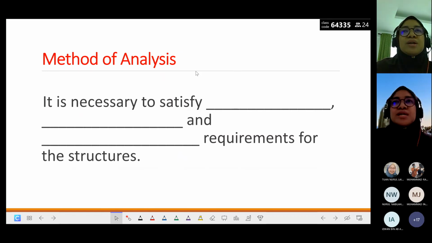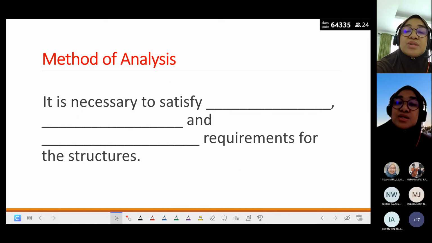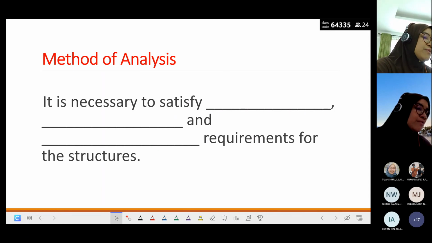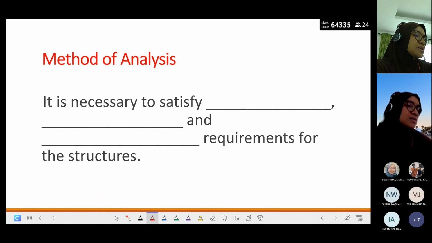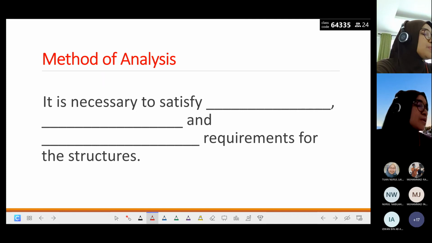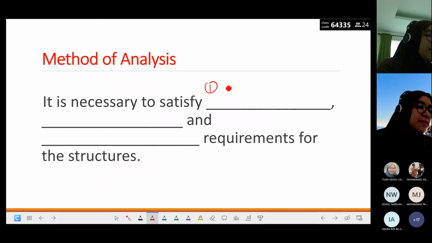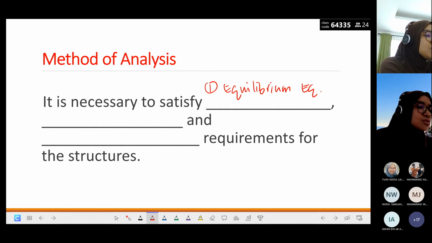In order to analyze structures using the flexibility method, we need to fulfill three conditions or three principles. In order to solve for the redundant value, we need to satisfy, number one, the equilibrium equation. Number two is compatibility.